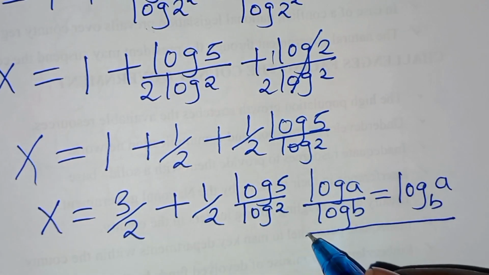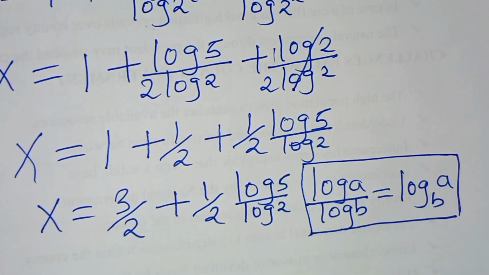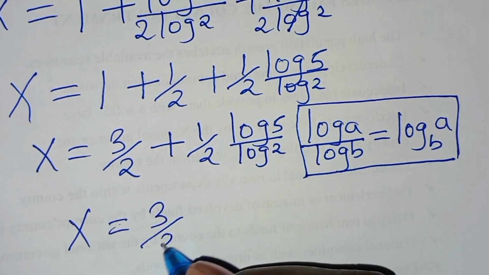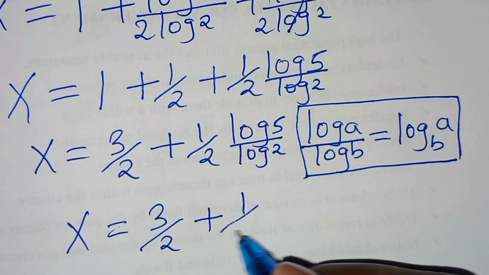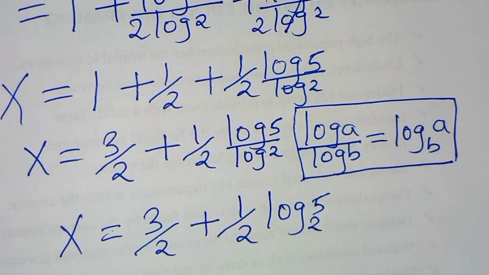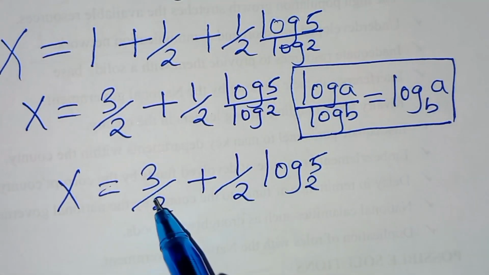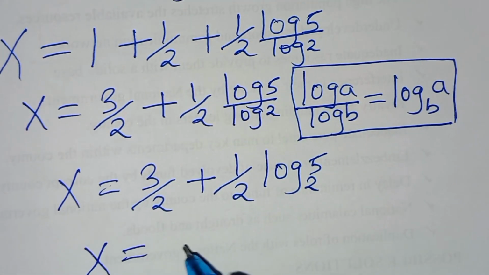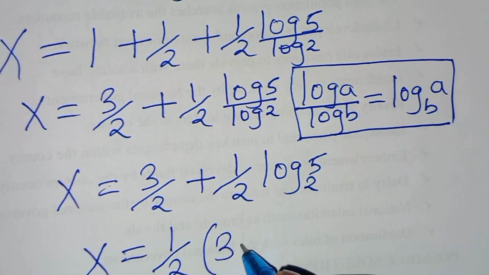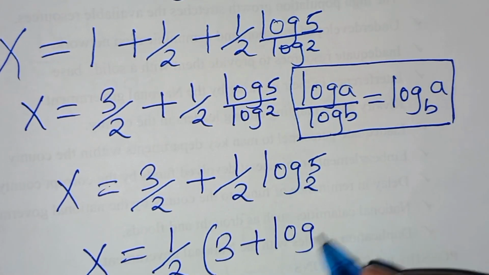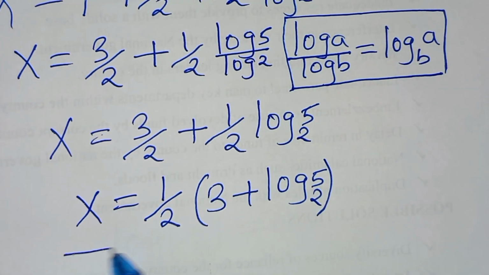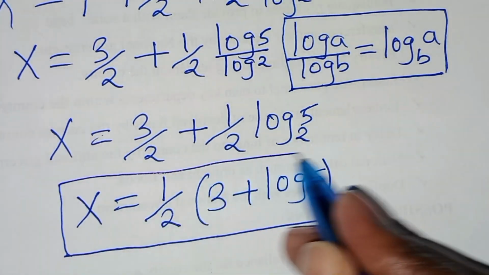So let's apply this property so that now x is equal to 3 over 2 plus a half log 5 to base 2. Now, since a half is common here, we can factor out a half so that x will be equal to a half into the parentheses 3 plus log 5 to base 2. Now, this is the value of x.